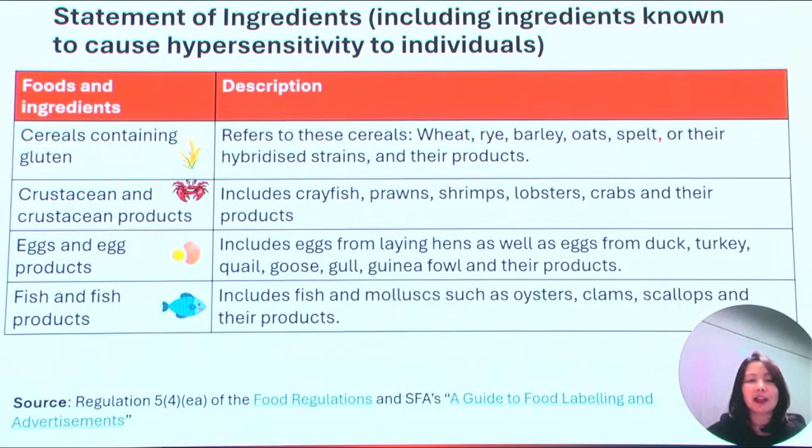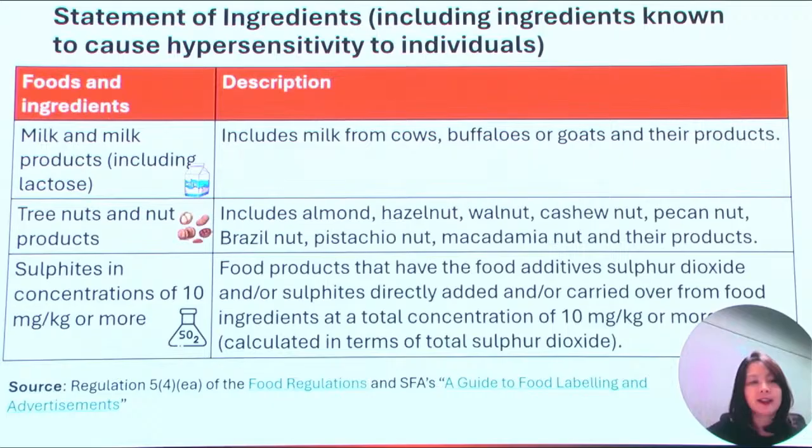Fish and fish products include fish and mollusks, such as oyster, clams, scallops, and their products. Next, we have milk and milk products, including milk from cows, buffalo or goats, and their products. Tree nuts and nut products include almond, hazelnut, walnut, cashew nut, pecan nut, Brazil nut, pistachio nut, macadamia nut, and their products.